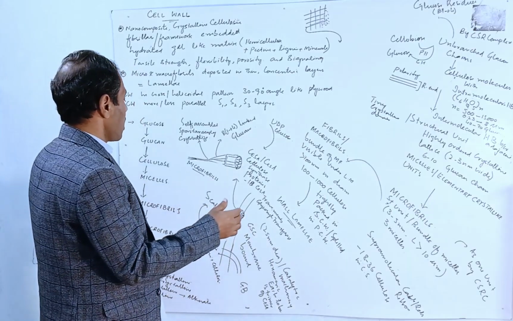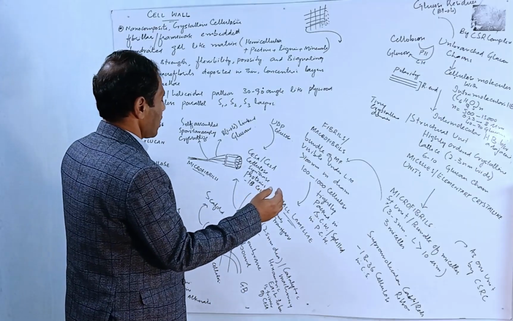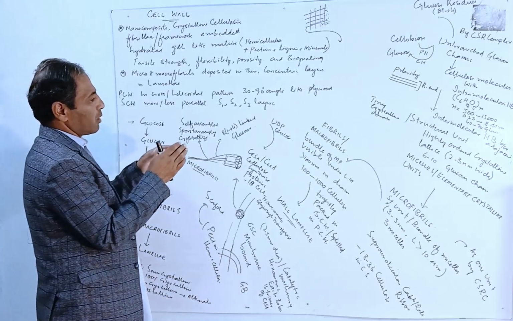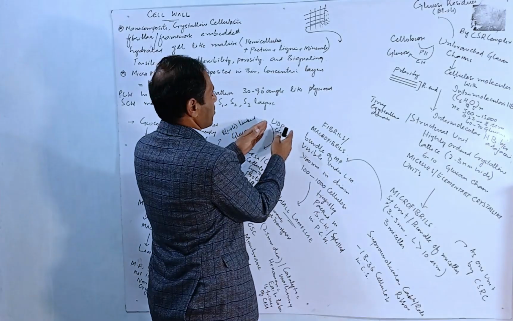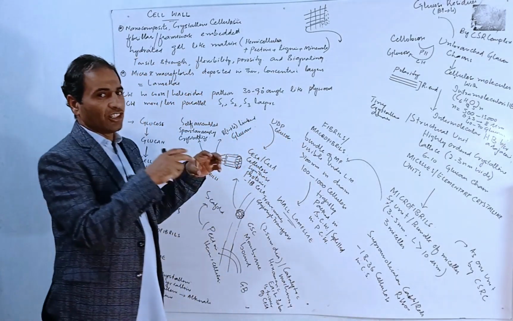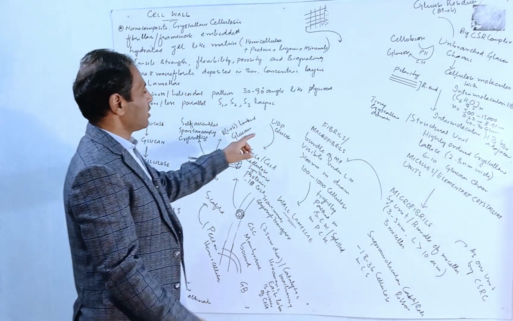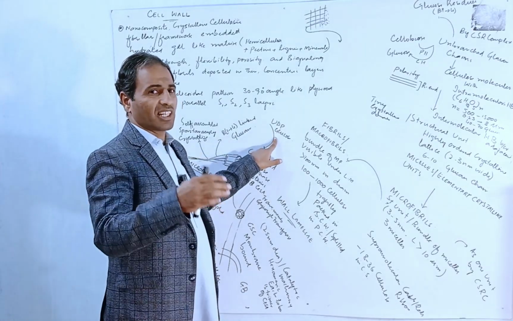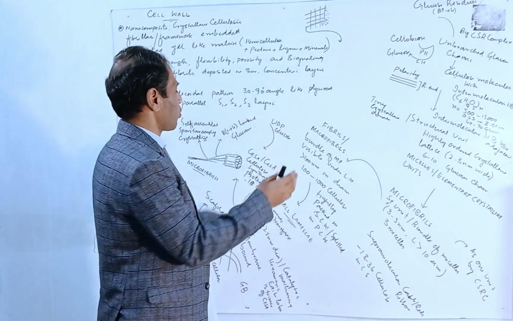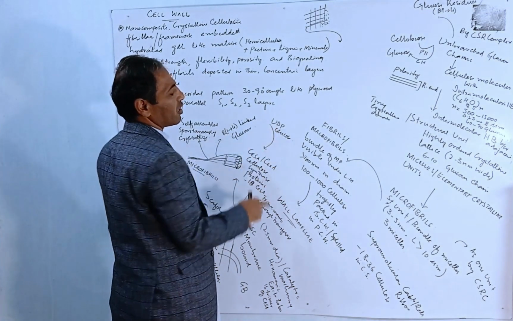Now, how is cellulose synthesized? The precursor of the cellulose molecule, in the energized or active form, comes from the biosynthetic machinery of the cytosol in the form of UDP glucose.